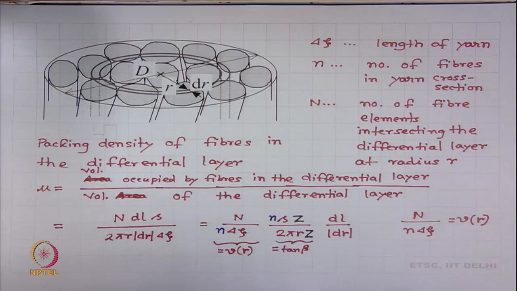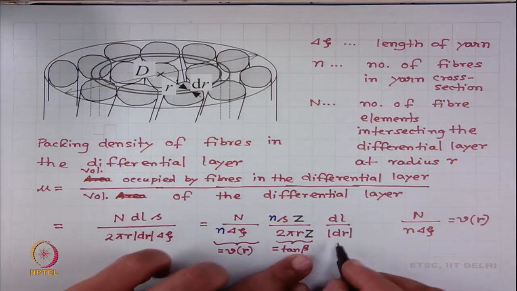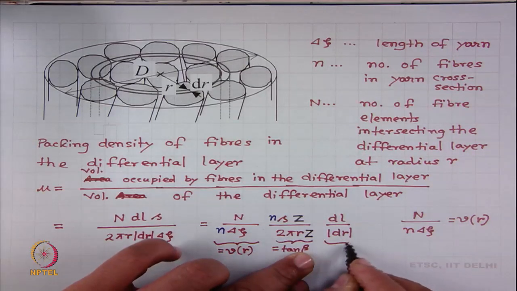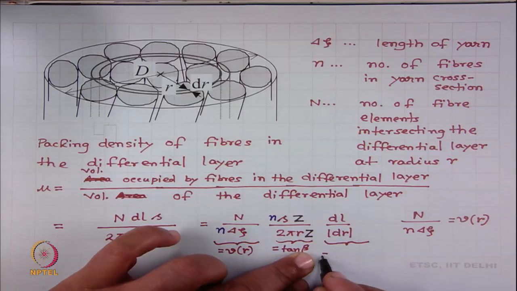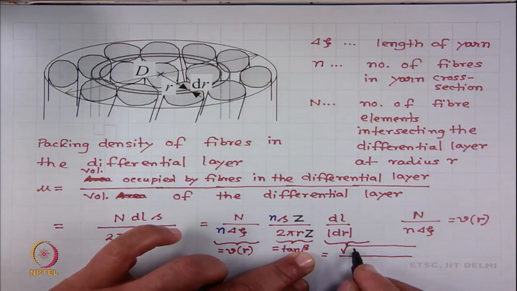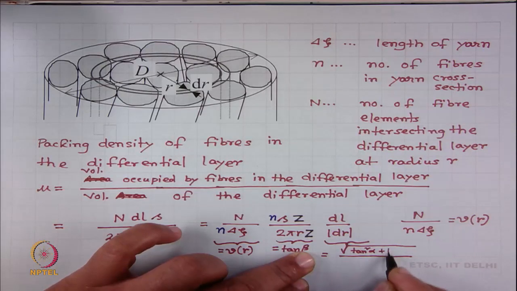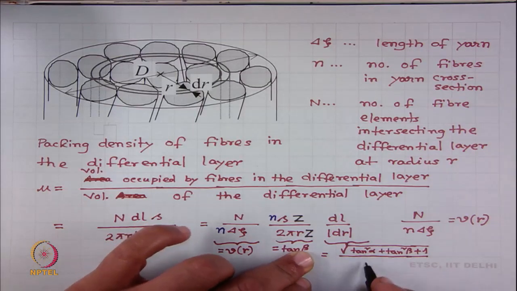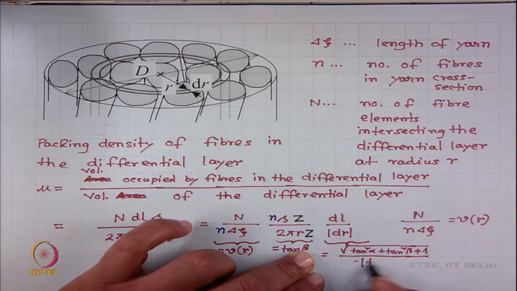Right, and what is your dl by dr? dl by dr we have already derived: square root of tan square alpha plus tan square beta plus 1 divided by absolute value of tangent of alpha.